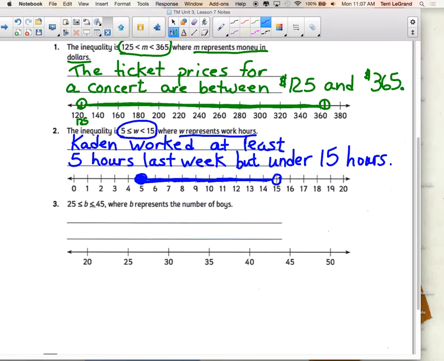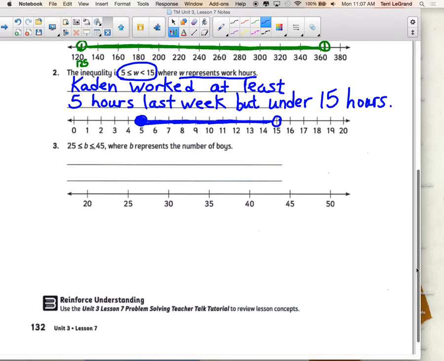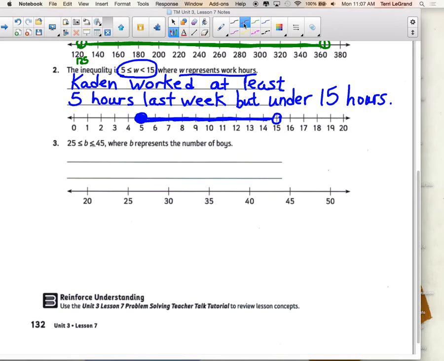Okay, you guys are coming up with the last one for me. Here's our inequality statement right here. B represents the number of boys.